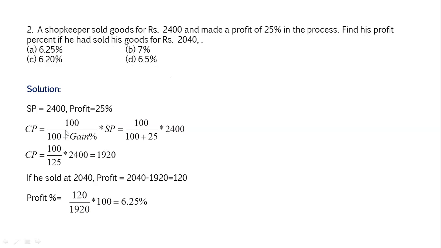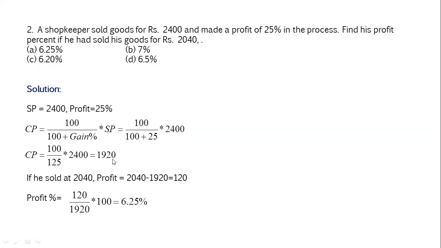CP is equal to 100 upon 100 plus gain percentage into SP, which is equal to 100 upon 100 plus 25 into 2400. So 100 upon 125 into 2400. Cost price will be 1920 rupees.